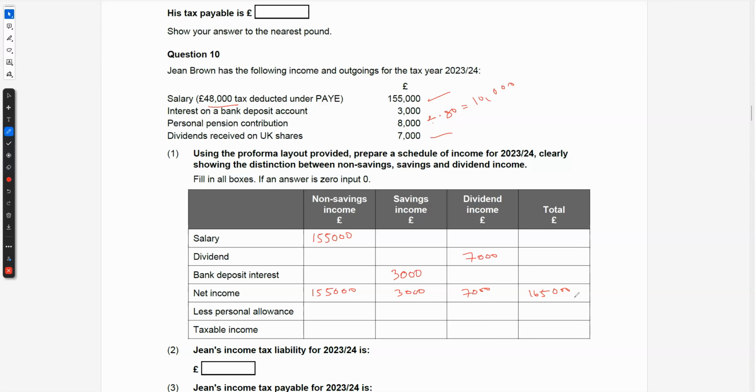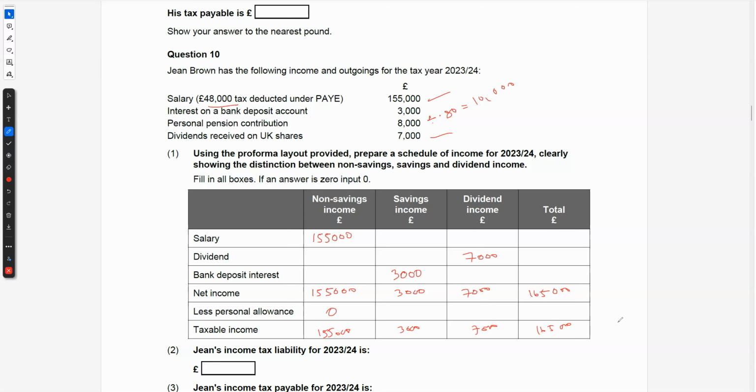So of course there will be no personal allowance left, so the personal allowance will be 0. So my taxable income and the net income will be the same, 165. That's it. Now we are going to calculate the tax liability.